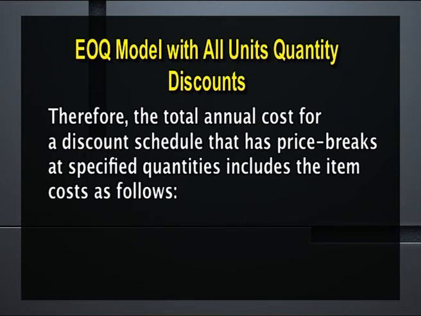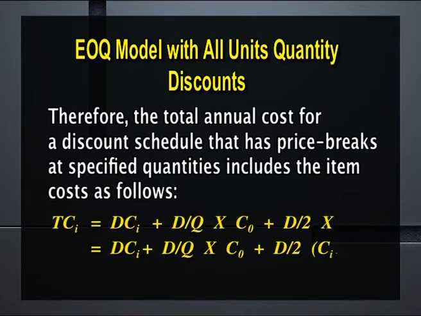Therefore, the total annual cost for a discount schedule that has price breaks at specified quantities includes the item costs as follows. TCi is equal to DCi plus D by Q into C0 plus Q by 2 into Ch, which is equal to DCi plus D by Q into C0 plus Q by 2 into Ci into R. For each value of i, a separate cost function for each unit price or each discount range can be defined.